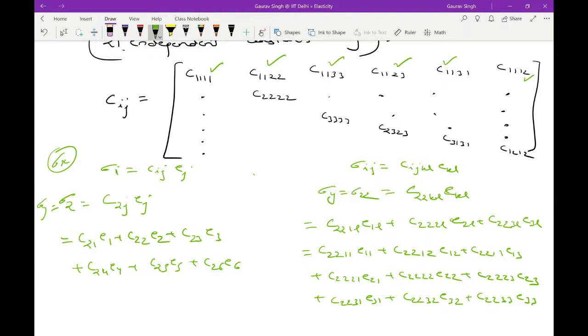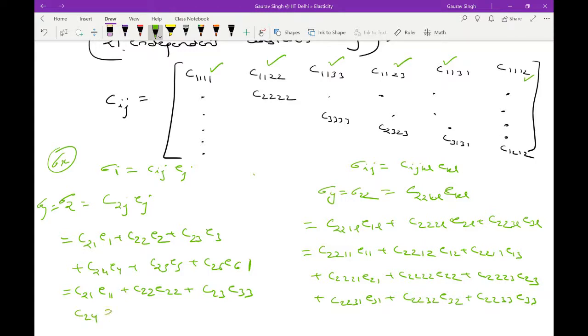Now clearly we have to bring them to the same system. So C21 will be E11, plus C22 will be E22. We're trying to get the strains over here written in this form. C23 will be equal to E33, right?